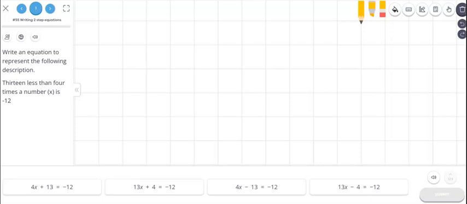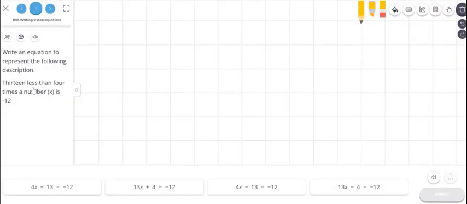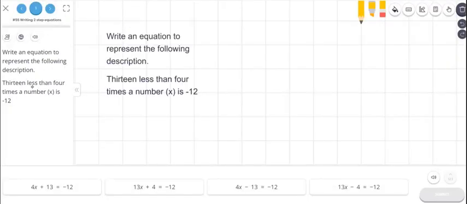All right, this is number 55 homework, writing two-step equations. So it says 13 less than 4 times a number x is negative 12. So when we look at this, we write 13 less than. Now less than is that tricky one, okay?